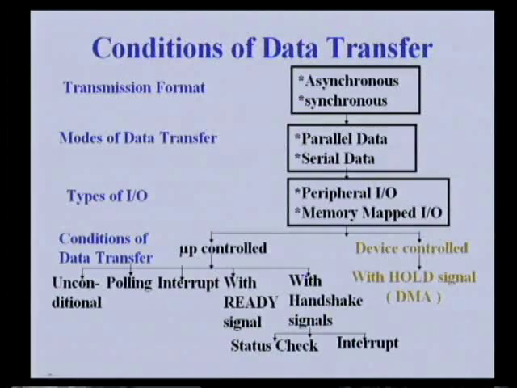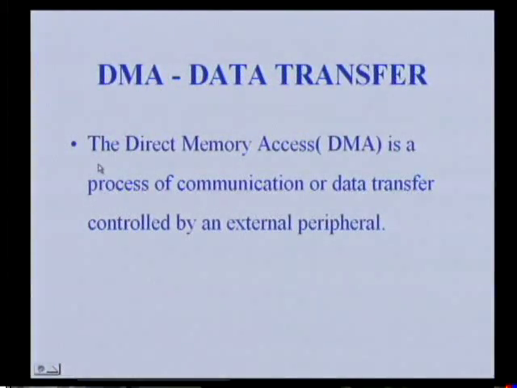In this particular class, we will be seeing device controlled, that is direct memory access, and we see some of the things in serial data transmission. Next, let us see DMA or direct memory access. The direct memory access, DMA, is a process of communication or data transfer controlled by an external peripheral.